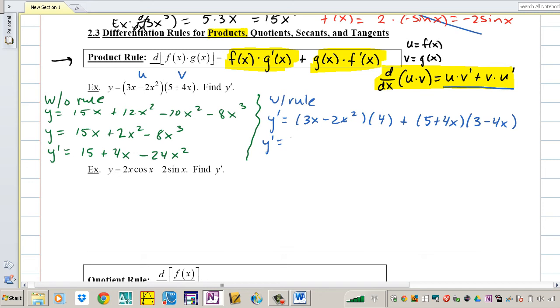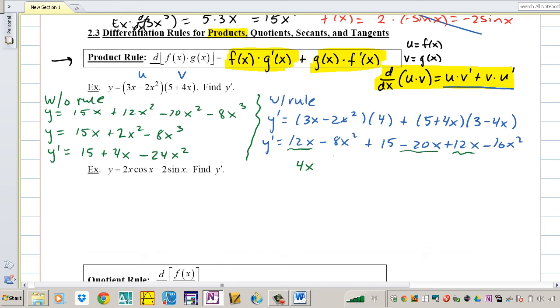So let's distribute. So it's going to be 12x minus 8x squared plus, now we have another FOIL, so it's 15 minus 20x plus 12x minus 16x squared. And if I combine like terms, I have a 12, another 12, and a negative 20. 12, 12, negative 20 will give me a 4x.